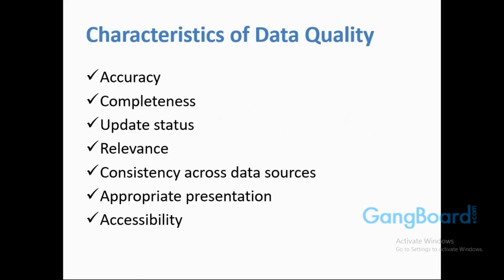This is not just data, this is quality data. If you want to say the data is quality data, it should follow these characteristics: accuracy, completeness, update status, relevance, and consistency across the data sources. I will explain one by one.